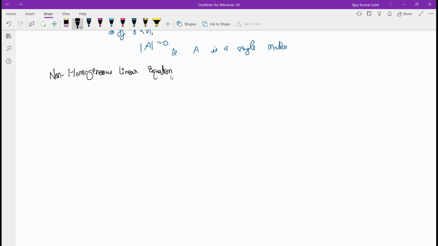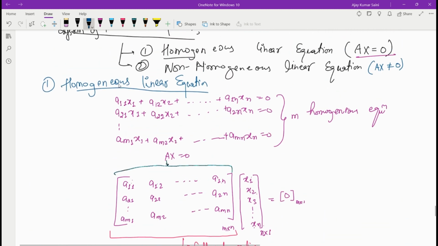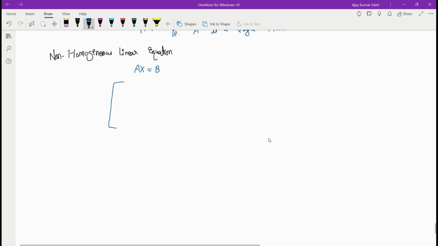I can write it as Ax equal to b. That means Ax does not equal 0. I can make a matrix by using the previous statement.